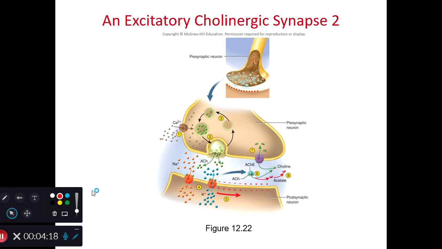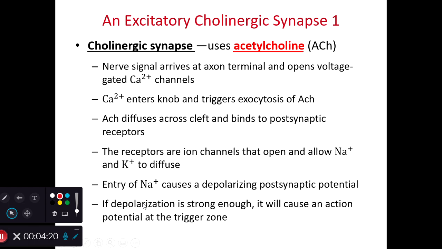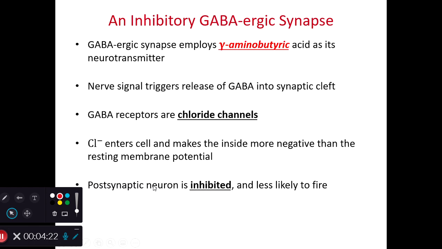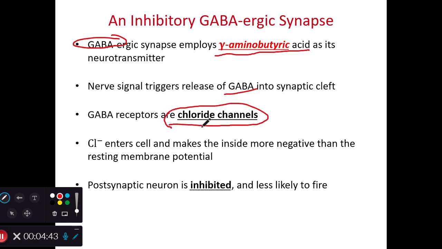Now, let's back up. I want to make sure I don't get too far ahead of myself here. As we're looking at GABAergic synapses, these GABAergic synapses will employ gamma-aminobutyric acid, hence GABA, as their neurotransmitter. So we'll release GABA into the synaptic cleft, and those GABA receptors are going to be chloride channels. Acetylcholine receptors are sodium channels as opposed to chloride channels.